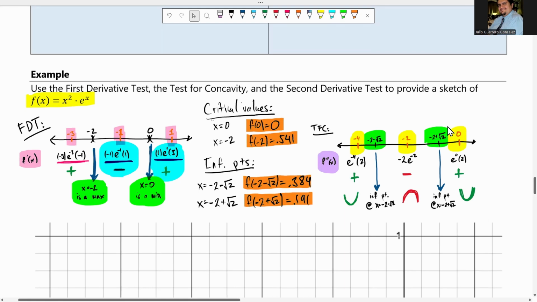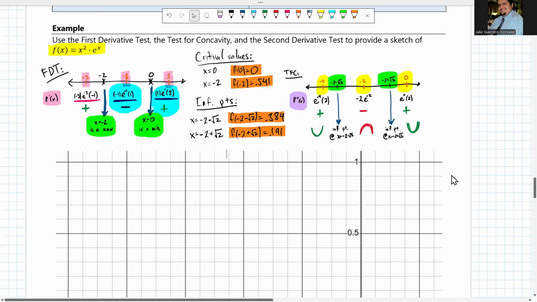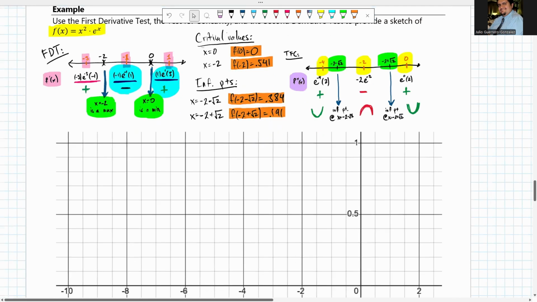So I'm going to try to grab all this information and slap down somehow, some way, a working version of all of this. I'm going to zoom out a little bit so I can get the entire graph, so that it all sort of comes together.